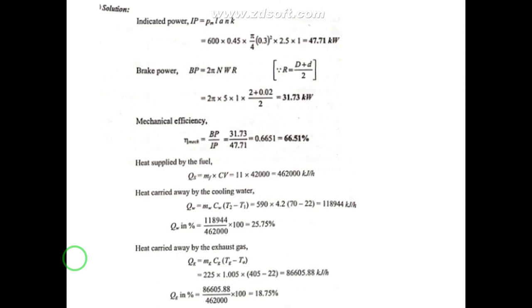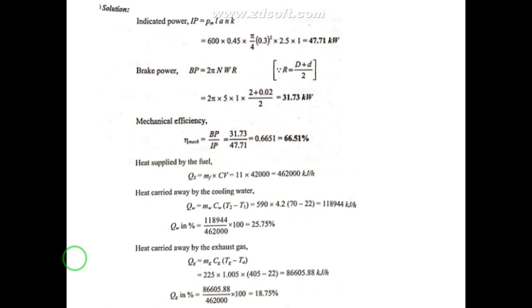The mean effective pressure given for this problem is 600, and L is the stroke length, 0.45, times the area. The cylinder is circular with diameter 0.3 meter, and the area formula is pi by 4 into d square.